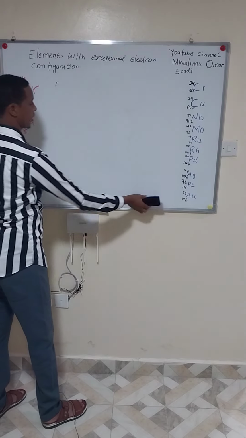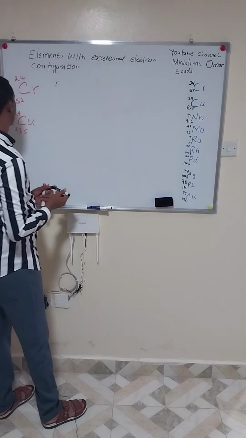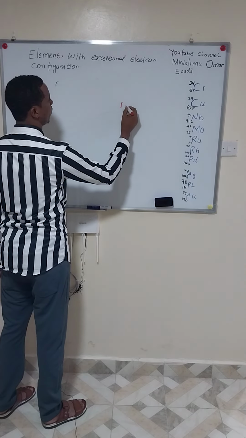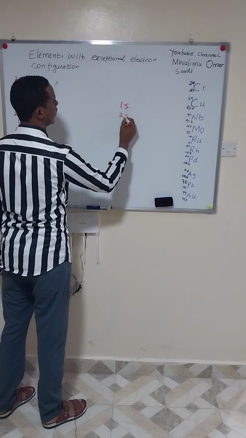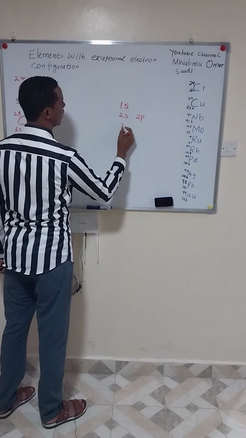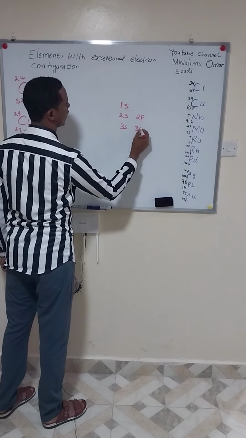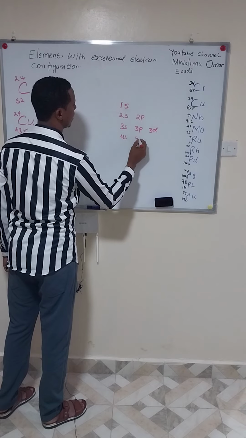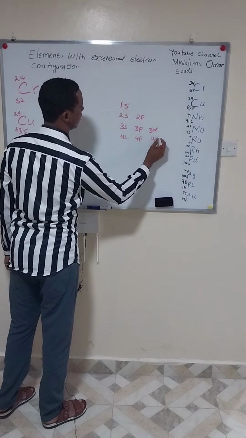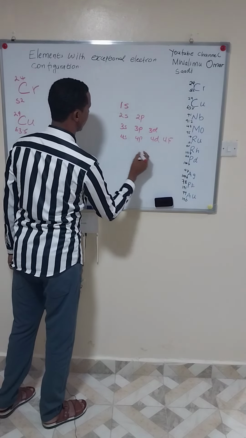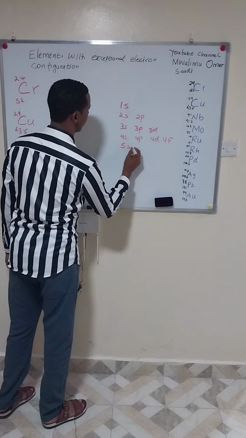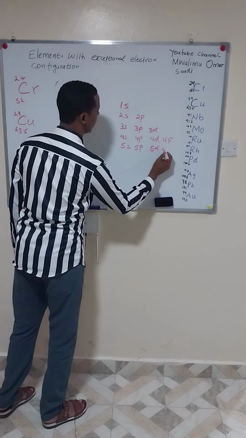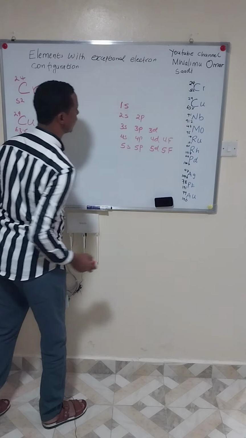Copper has 29 electrons. So first we will write our sublevels: 1s, 2s, 2p, 3s, 3p, 3d, 4s, 4p, 4d, then 4f, 5s, 5p, 5d, 5f.